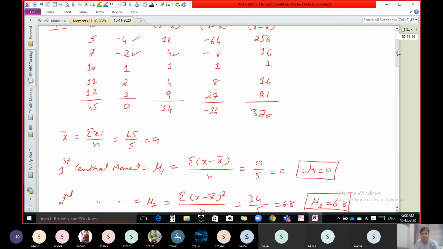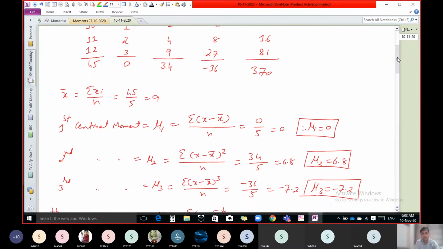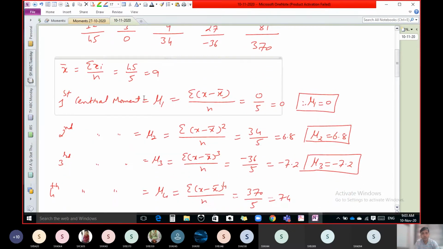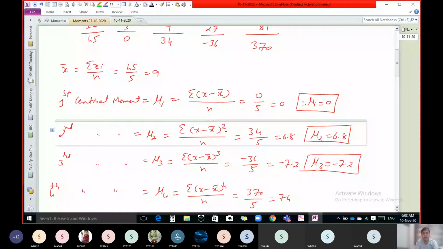So what is the formula of mu1? Mu1, the first central moment, is the total of x minus x bar, that means sigma x minus x bar divided by n. So 0 divided by 5 is 0. So mu1 is 0. Mu2, the second central moment, is sigma x minus x bar the whole square upon n, and that is nothing but the variance.